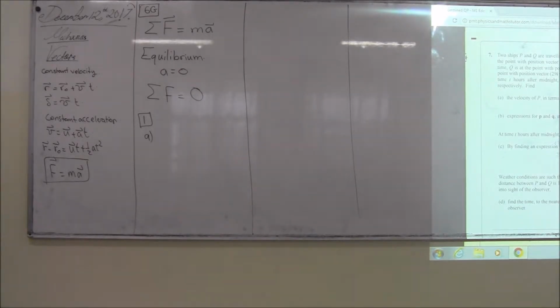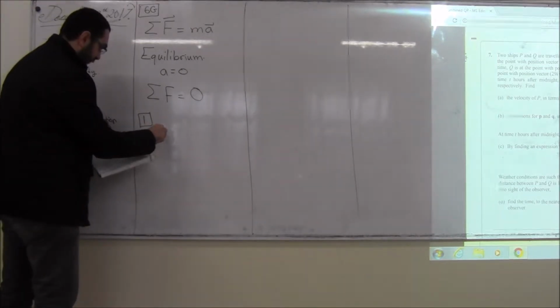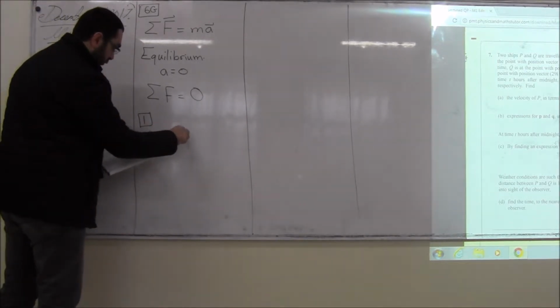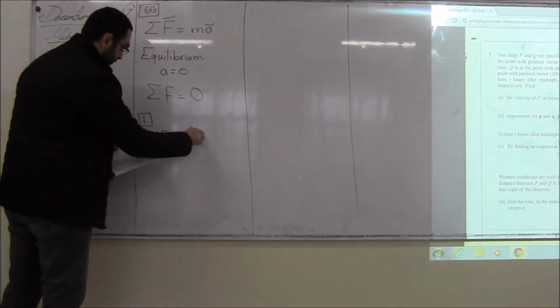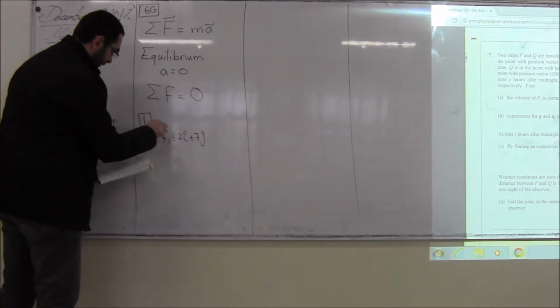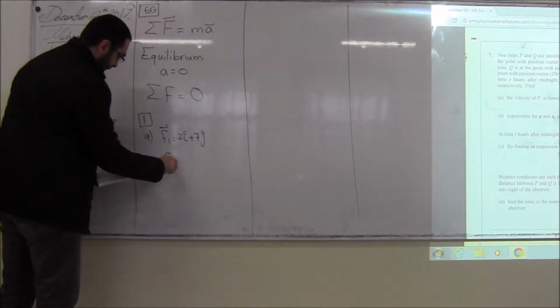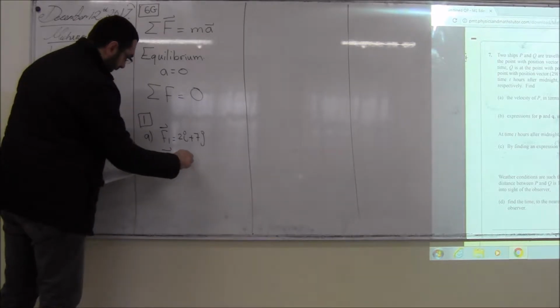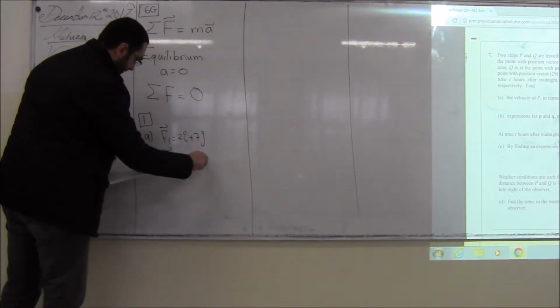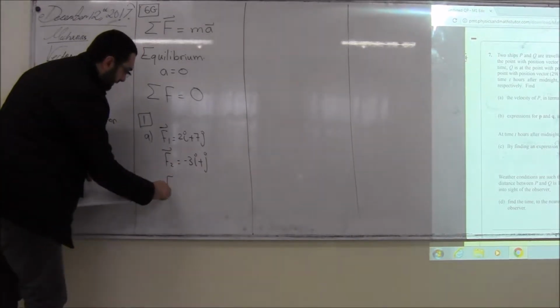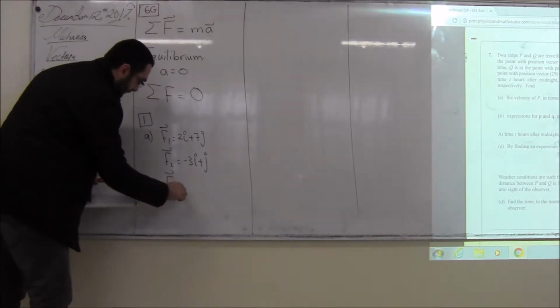Find F3 in these cases. We are given F1 equals 2i plus 7j, F2 equals minus 3i plus j, and we are asked about F3.